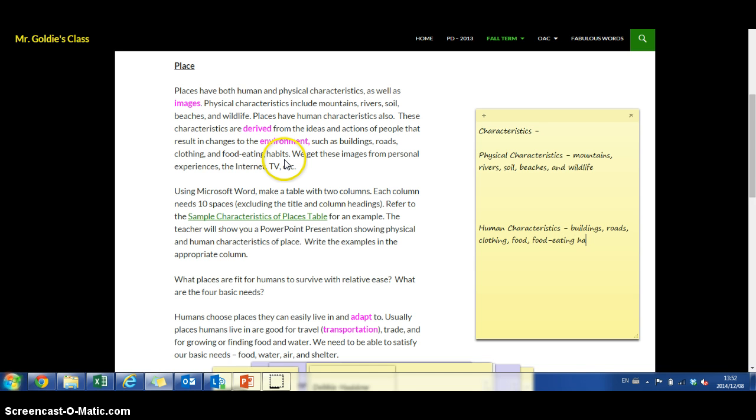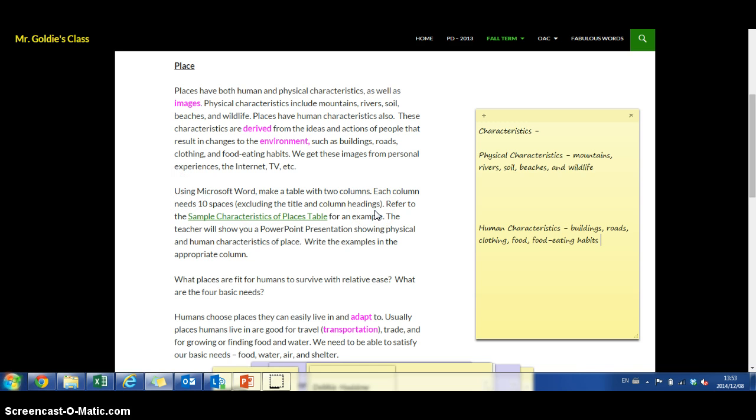We get these images from personal experiences, the internet, and TV. So these are the characteristics, okay? For example, physical and human.